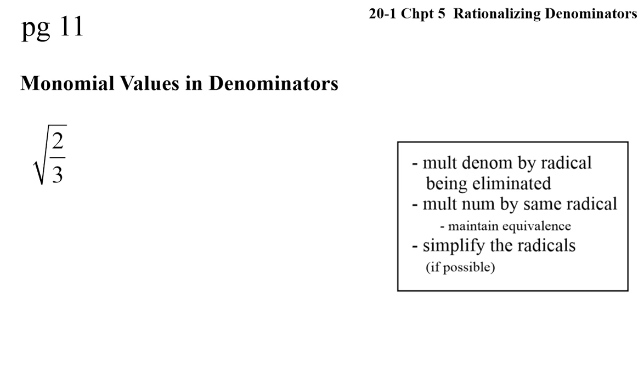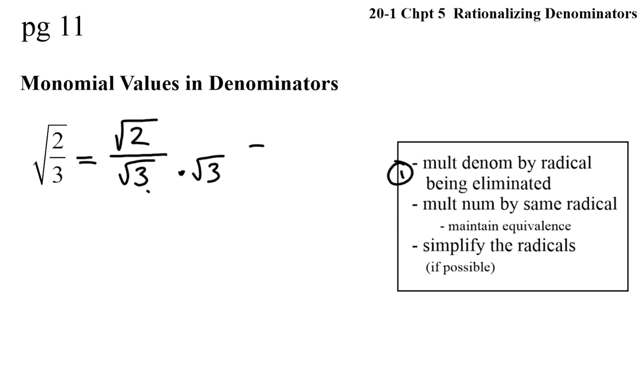So that's our process. Next example on this page that we can do is the root of 2/3. Well, remember that root 2/3 we could think of as root 2 divided by root 3. So here's a form. Again, radical in the denominator is not good, so we're going to multiply the denominator by the radical we want to get rid of.